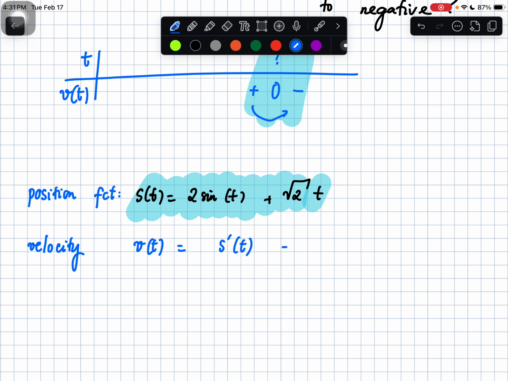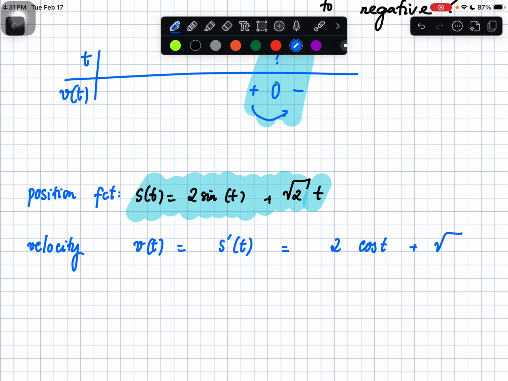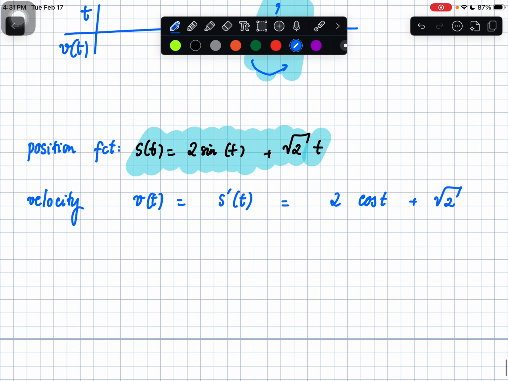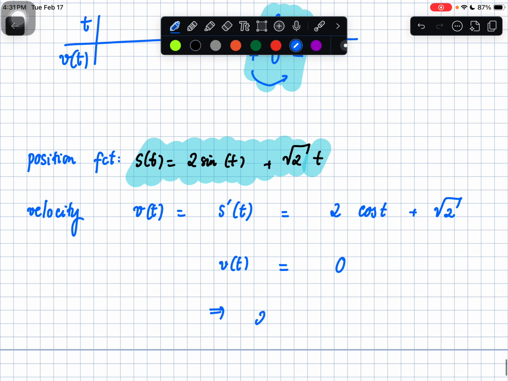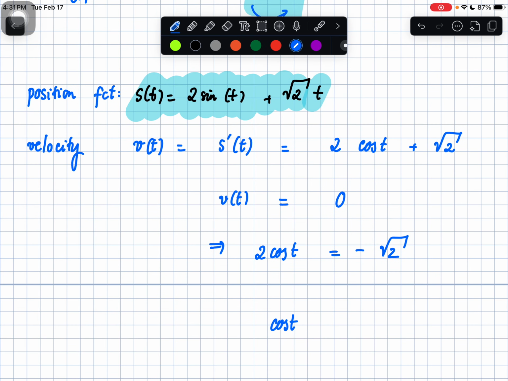So we compute that: s'(t) is 2 times cosine t plus root 2. So we want to see at what time is it 0 first. v(t) equals 0. This means 2 cosine t is equal to minus root 2. Cosine t is minus root 2 over 2.